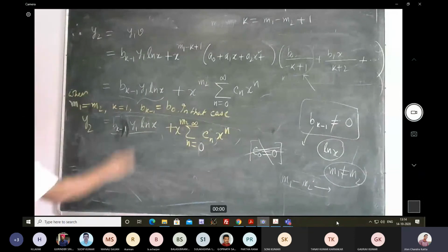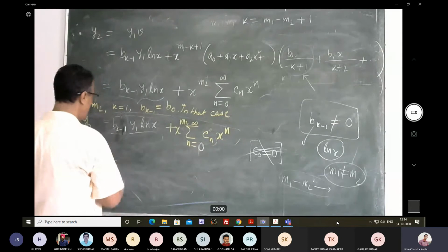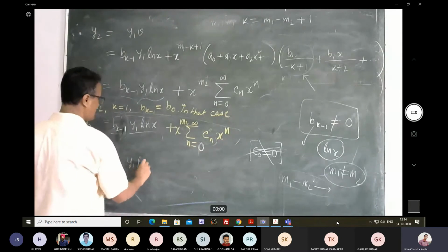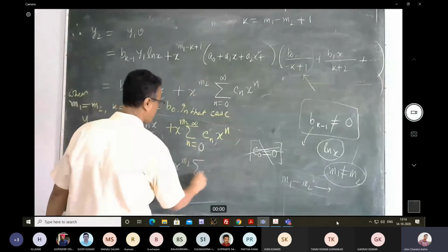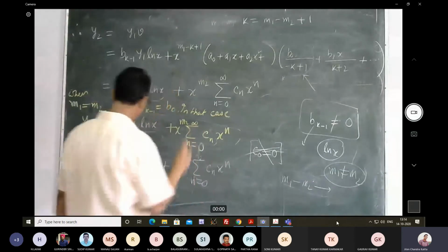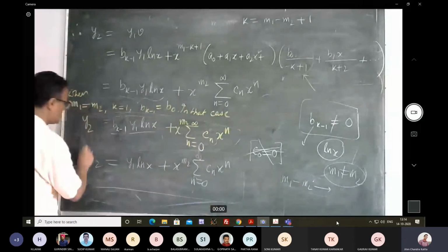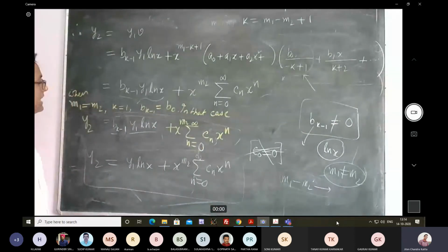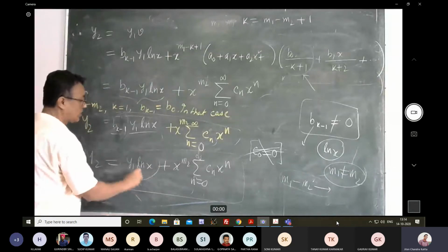That's okay. So that is why for a general solution they write it as this. This is for a general case. And you know that if b_{k-1} equals 0, this term is not going to be there.